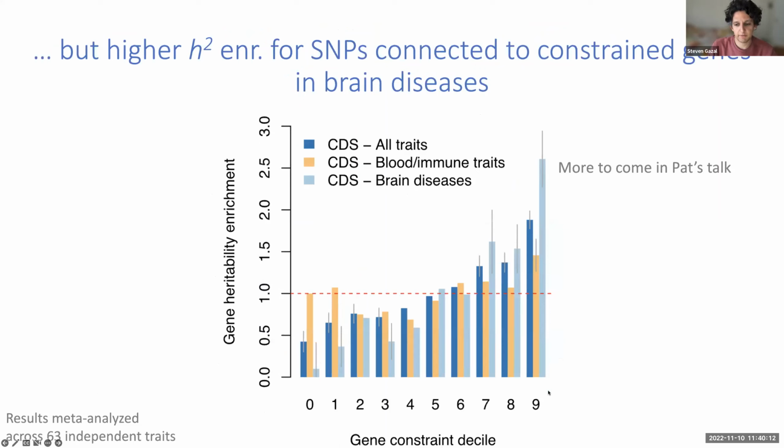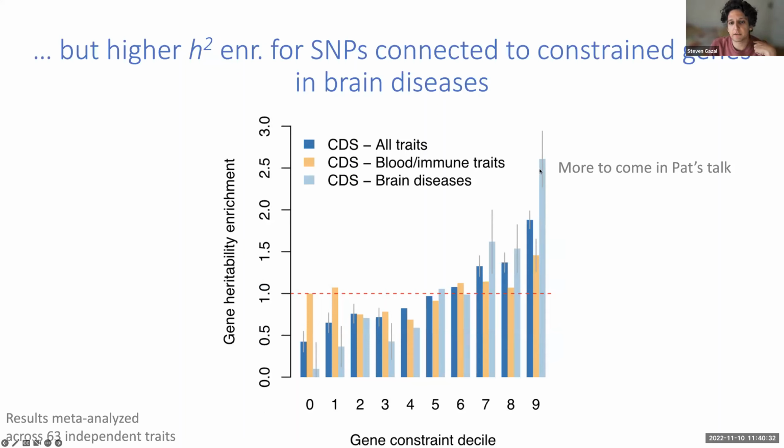I'm giving a sneak peek of what's going on in Pat's talk. Basically, Pat took all the genes and looked at the fraction of their coding regions that were constrained. Then for all these genes, we looked at the enrichment of the SNPs that were linked to them.